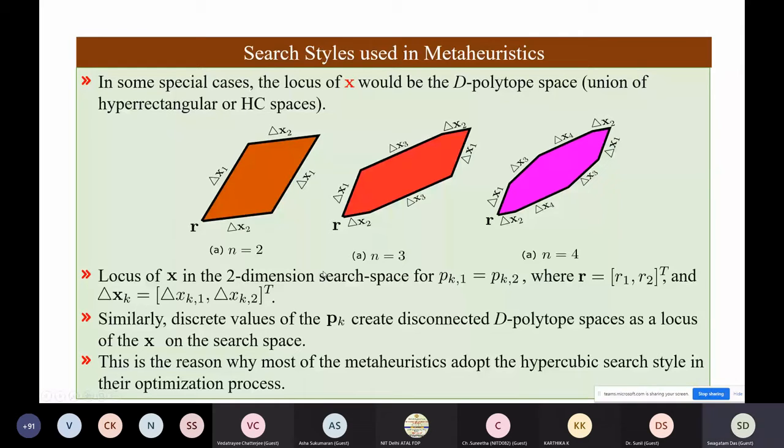This is basically the reason why most of the meta-heuristics adopt the hypercubic search style in their optimization process. Every individual that is being perturbed will remain confined within a hypercubic region, or within a polytope type region.